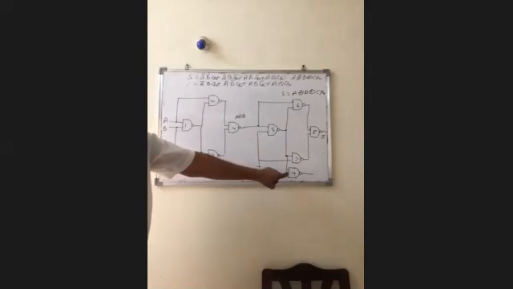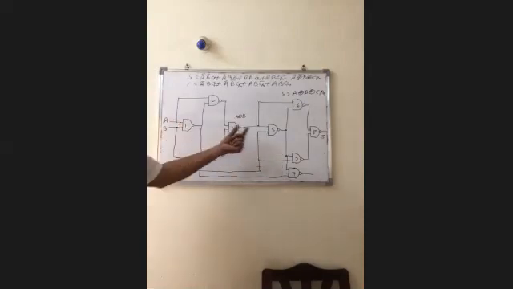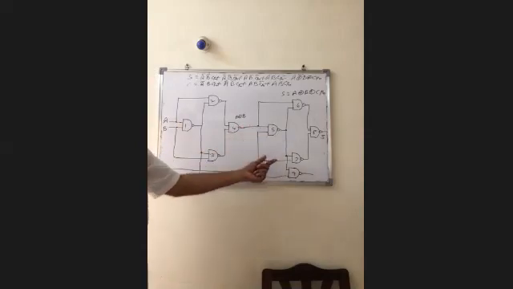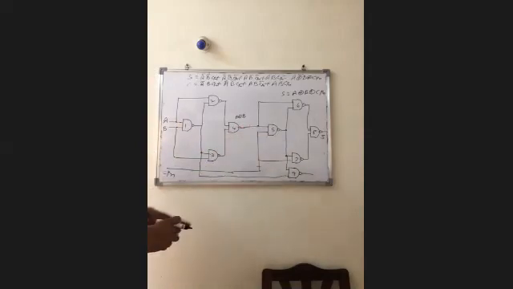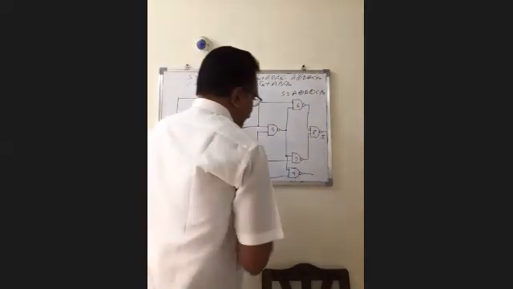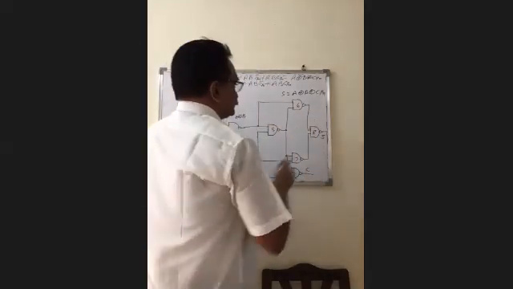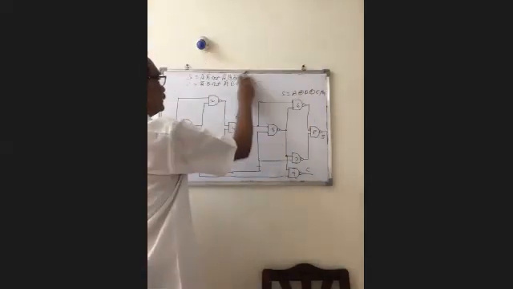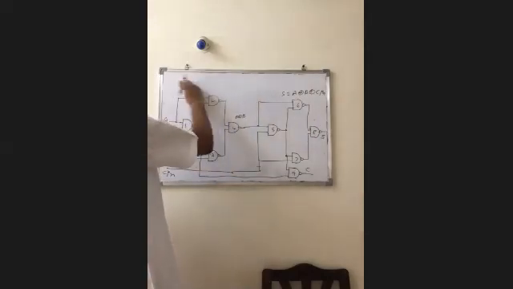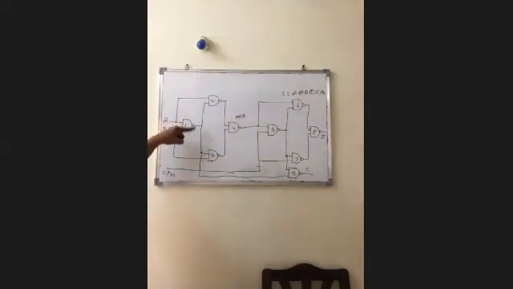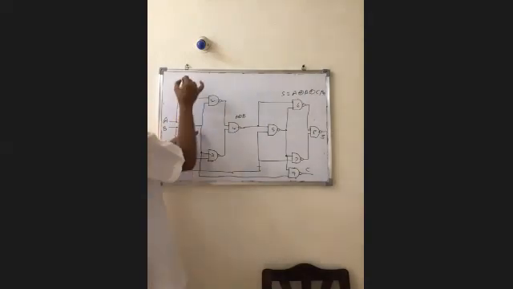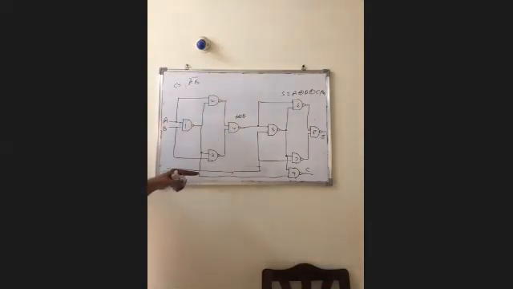For the 9th NAND gate, what are the inputs? Output of NAND gate 1 and output of NAND gate 5. So what is the output of NAND gate 1? And right here, the carry C. What is the output of NAND gate 1? AB whole bar.